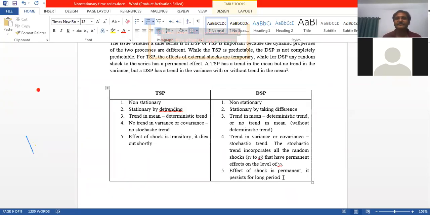But if the non-stationarity appears because of the unit root, in that case we have both kinds of trend, deterministic trend as well as stochastic trend. And stochastic trend appears because of the accumulation of the shocks. That is, the effect of the shocks has been accumulating over time.